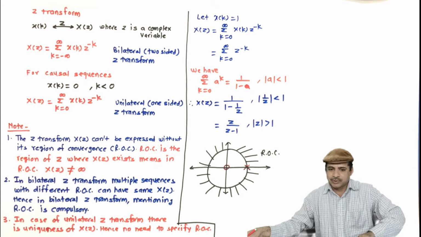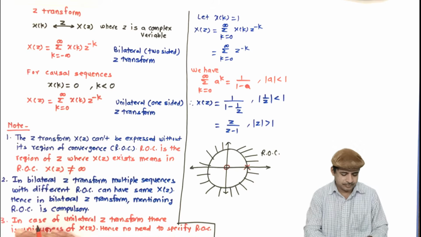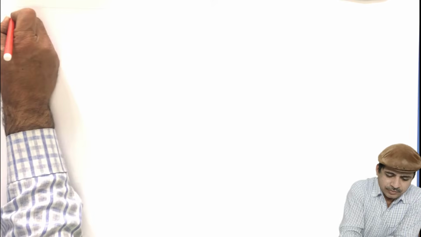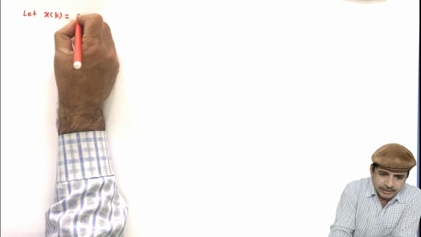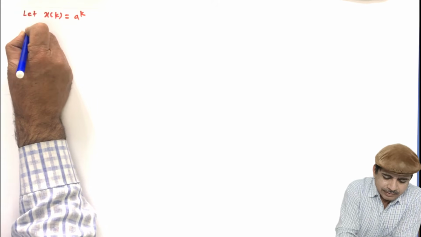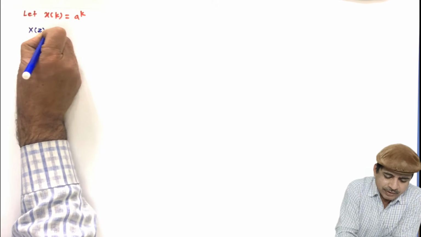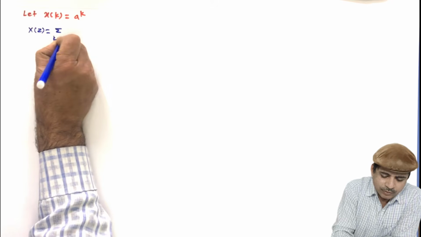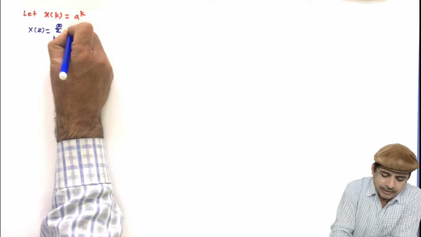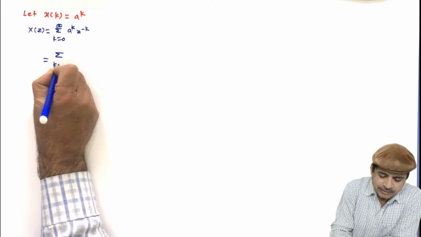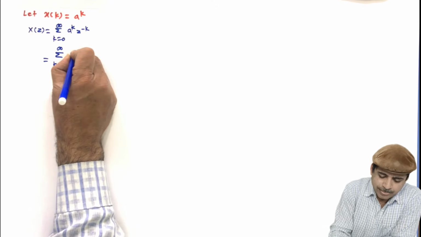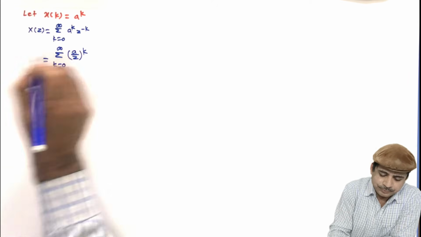Let us take one more example to clarify the idea. Let x(k) be equal to a raised to k. Then X(z) will be summation k equal to 0 to infinity, x(k) is a raised to k, so a raised to k z raised to minus k, and this is nothing but summation k equal to 0 to infinity (a by z) raised to k.